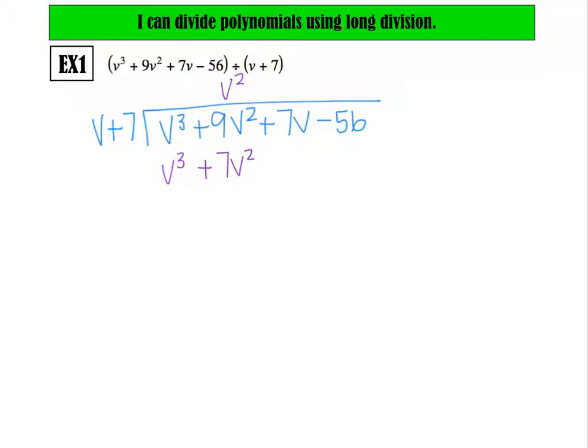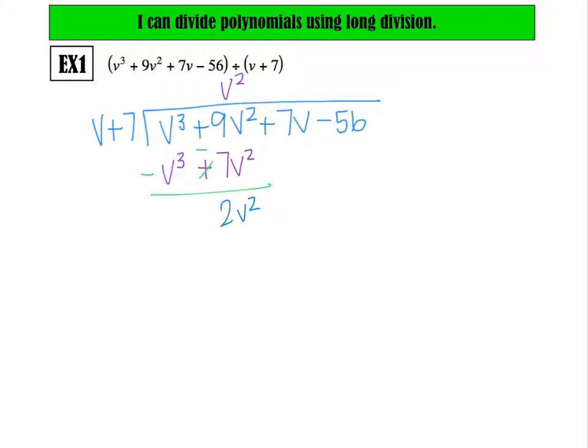And just like when we were dividing with long division in just numbers, we're going to do the opposite. So this v to the 3rd is positive, so it becomes negative, and this 7v squared is positive, so it becomes negative. And then we just combine like terms. So v to the 3rd minus v to the 3rd cancels, which is what I wanted, and then 9v squared minus 7v squared is 2v squared.